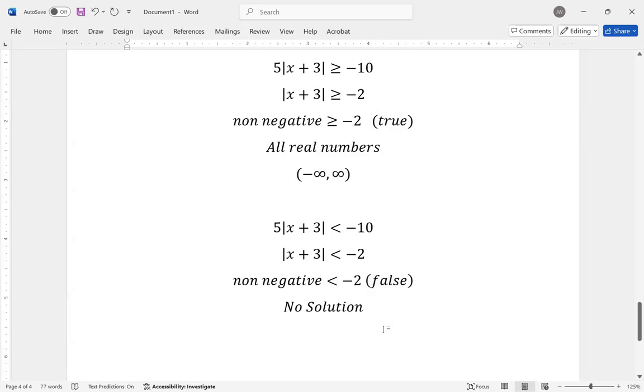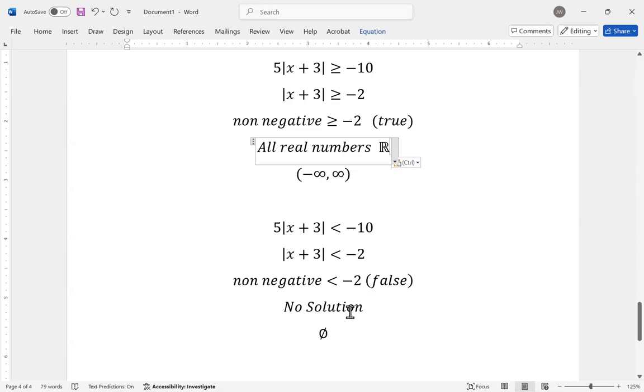And as far as writing this in set notation, the no solution in set notation is the empty set. And symbolically, it's this symbol. You put a 0 with a slash through it to mean the empty set. Also, you could have done all real numbers as well, and with symbols as that capital R with double slashes.